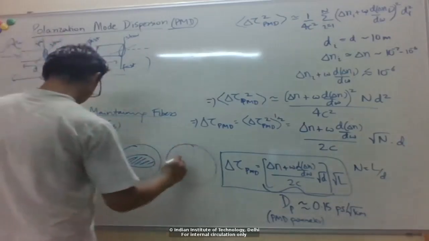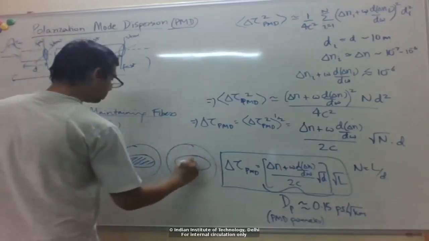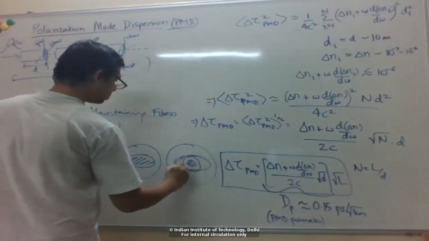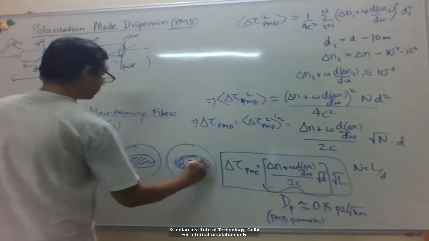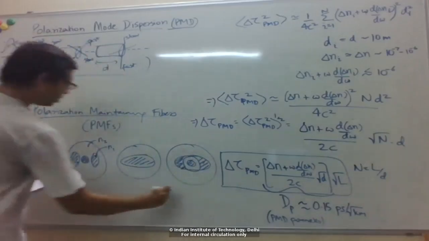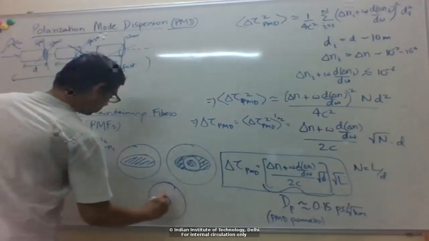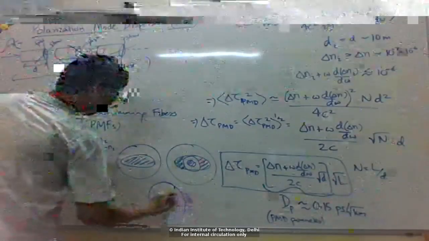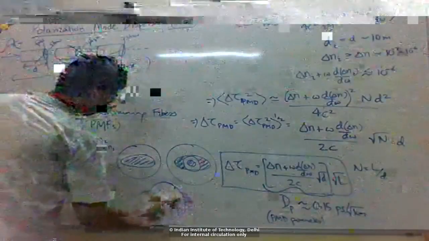There are more fancy designs, like an oval core with a ring. Of course, the fancier the design, the more difficult it is to make.